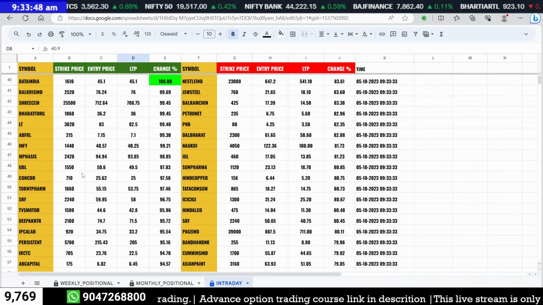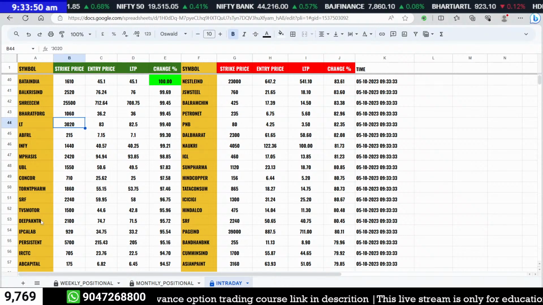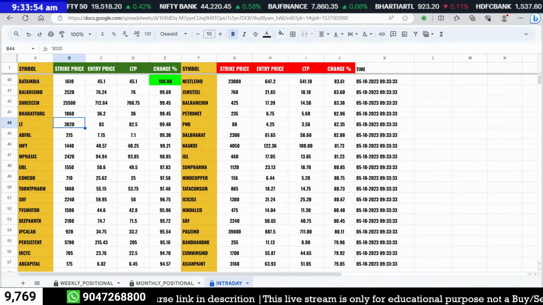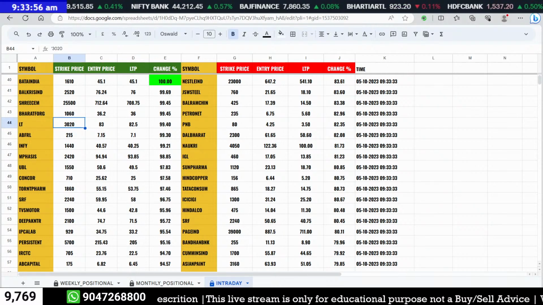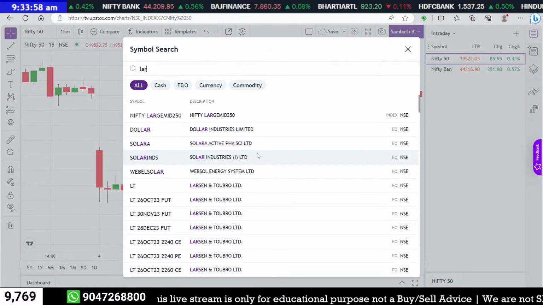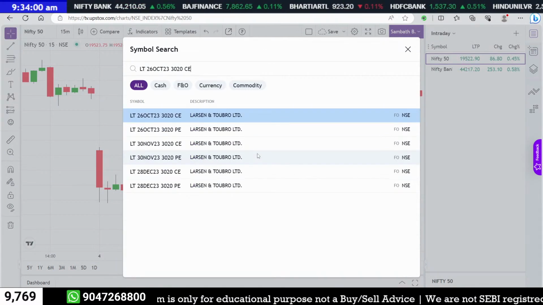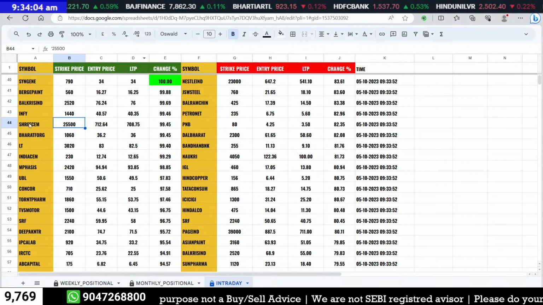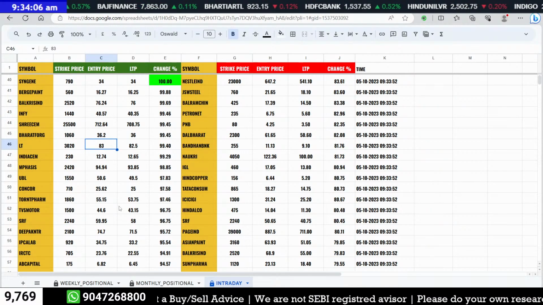And LNT above 83, 3020 call. Let me check whether it is a fresh breakout. You can see 88 is the high, and 83, which you are looking for, is already triggered.